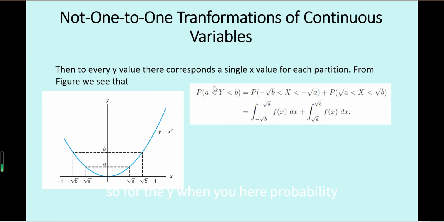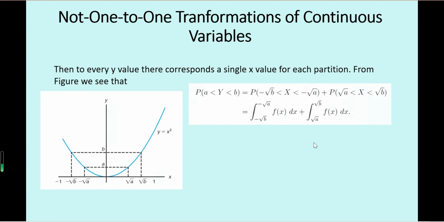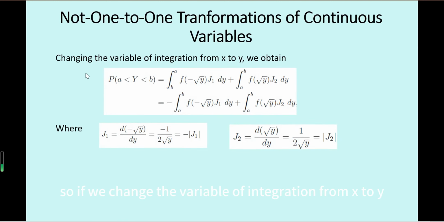So for the y range, there are two f(x) probabilities, right? Minus square root of b to minus square root of a is this range, and square root of a to square root of b is this range. If we change the variable of integration from x to y, we can obtain the probability of y between a and b.